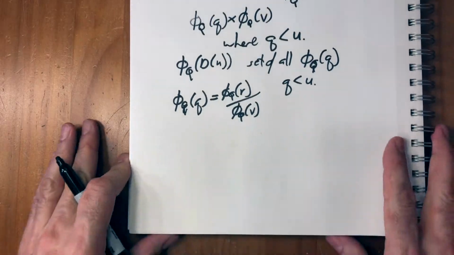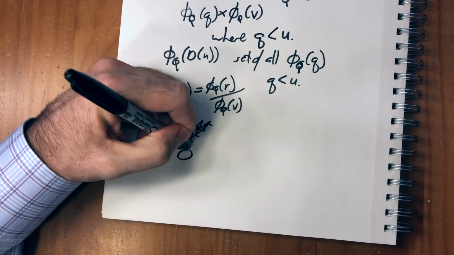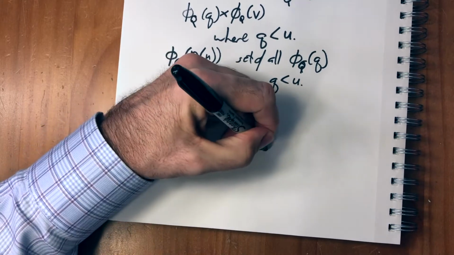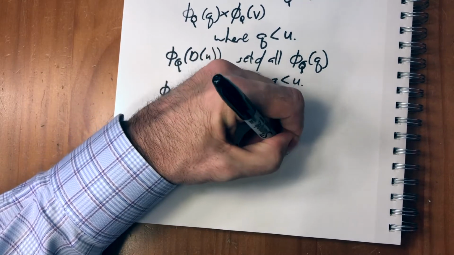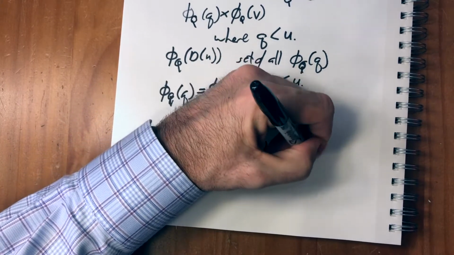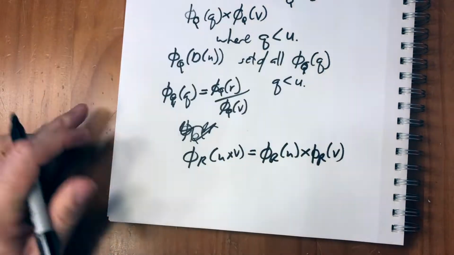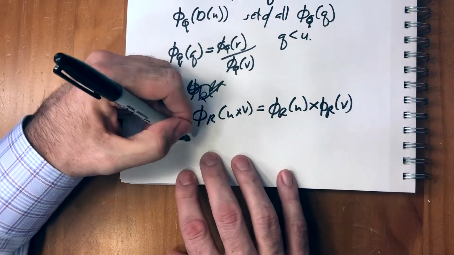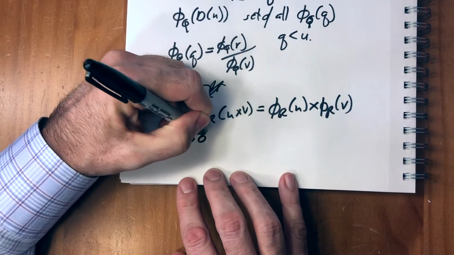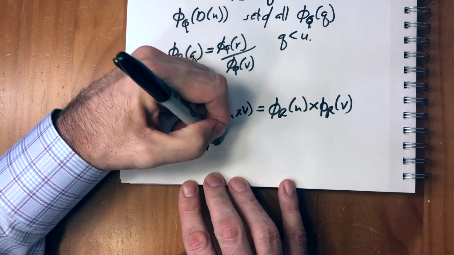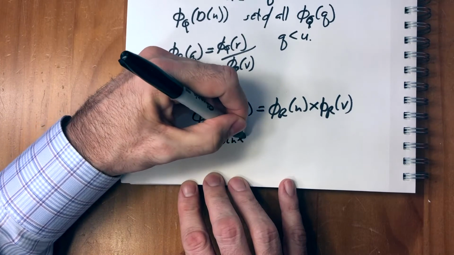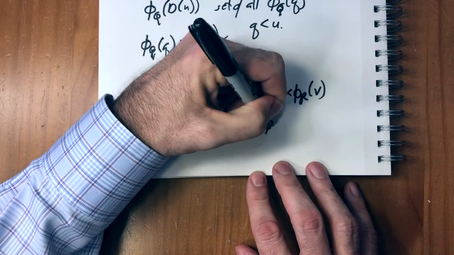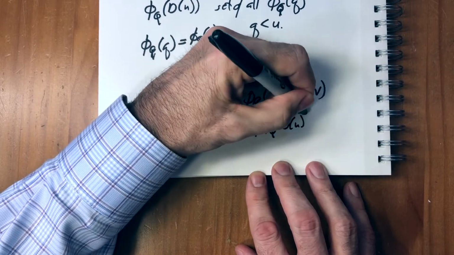Okay, with this in mind, we want to show that φ_R of u times v equals φ_R of u times φ_R of v. If we rewrite these, the definition of φ_R of u times v is the supremum of the set φ_Q of d(u times v), and the definition of φ_R of u is the supremum of φ_Q of du.